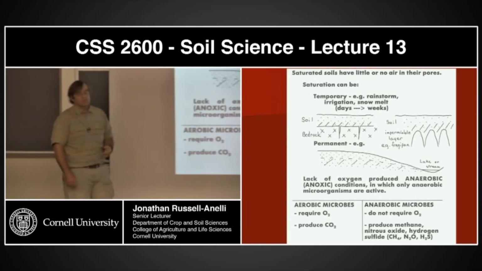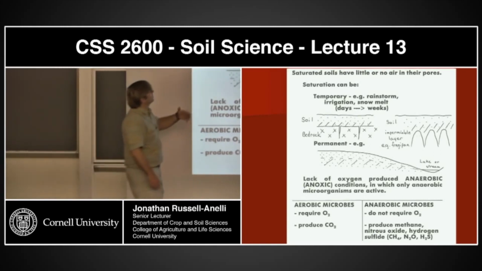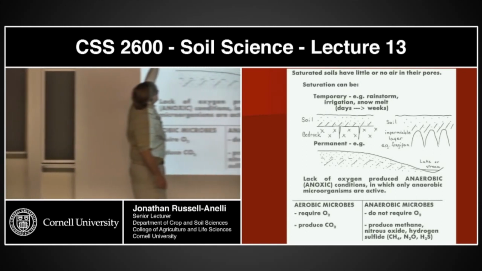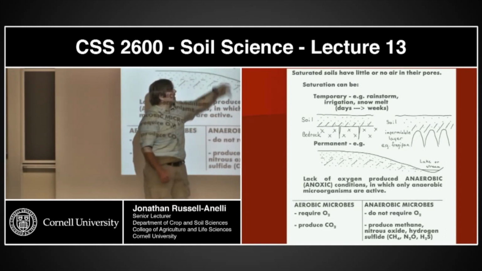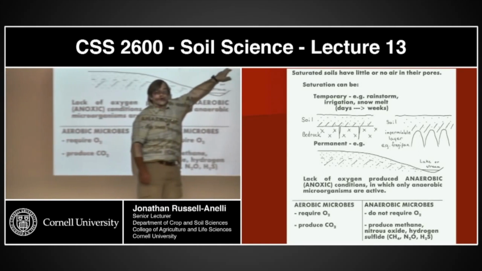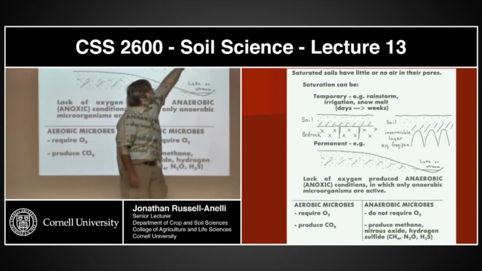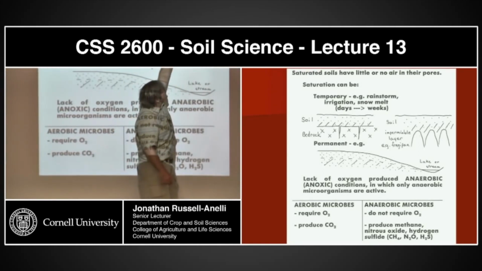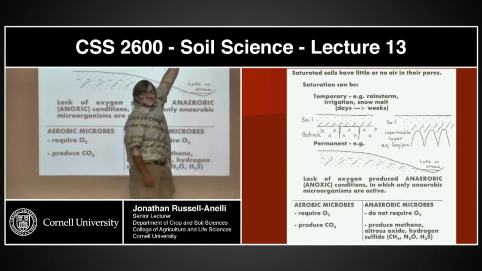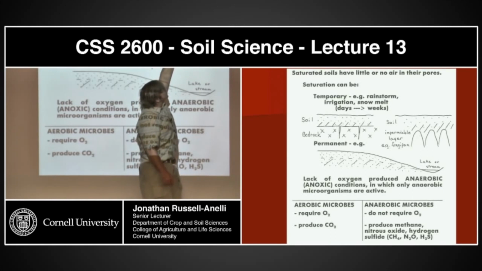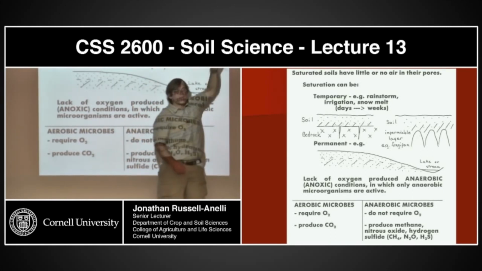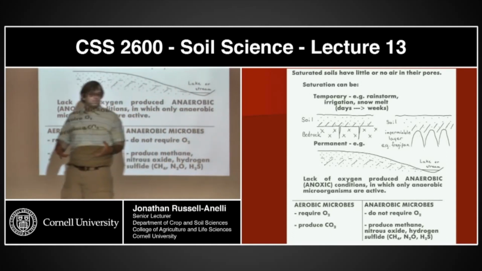A temporary situation is a rainstorm where water hits some sort of impermeable barrier and then slides sideways. A good example was what you saw at the Mardens. These are those fragipans. The water comes down, hits those fragipans and stalls. Yes, you have some drainage this way, but you see an increase in the water table here, but that water table ultimately is going to slide off and your system will go aerobic again.